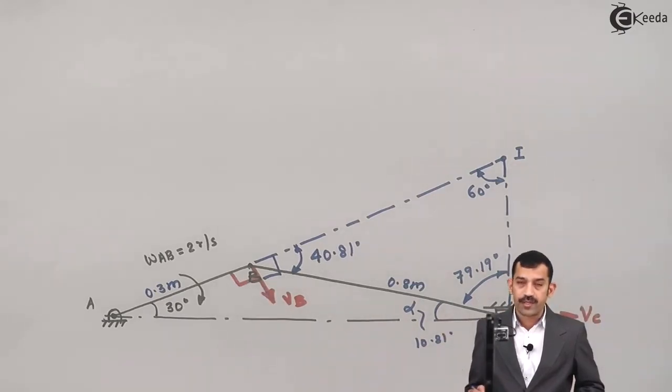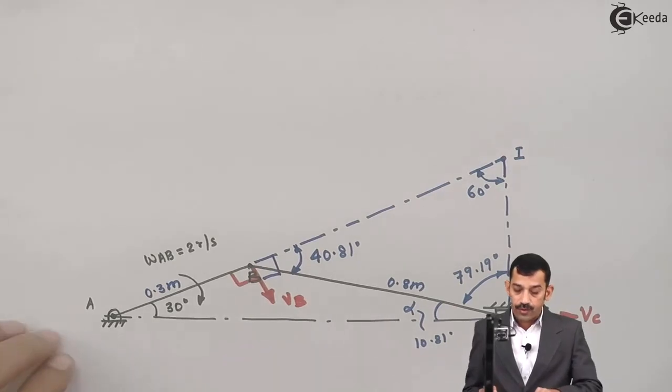IB upon sine of 79.19 equal to IC upon sine of 40.81 equal to BC upon sine of 60. Therefore, in triangle IBC, again we will apply the sine rule.